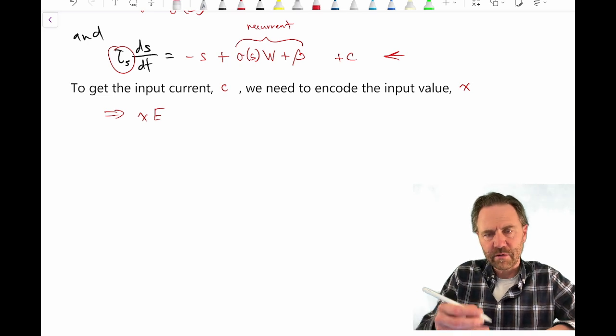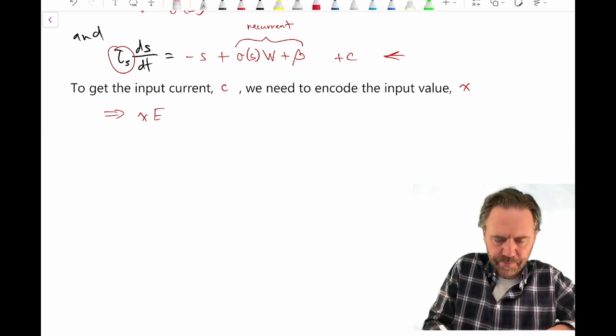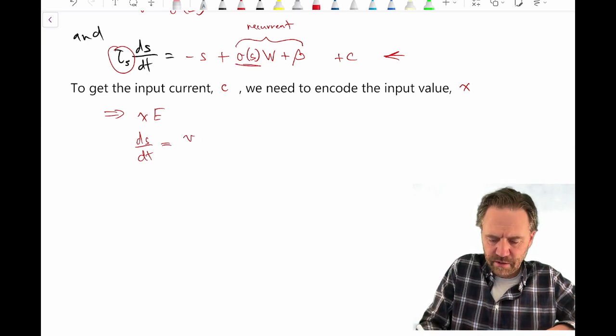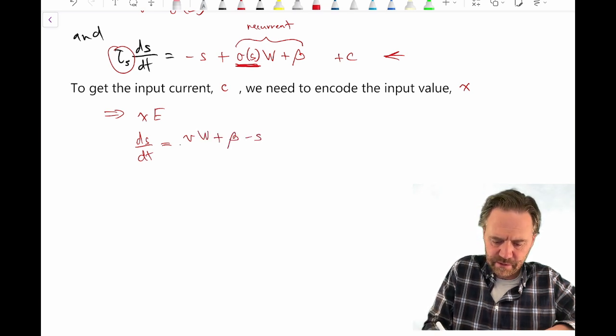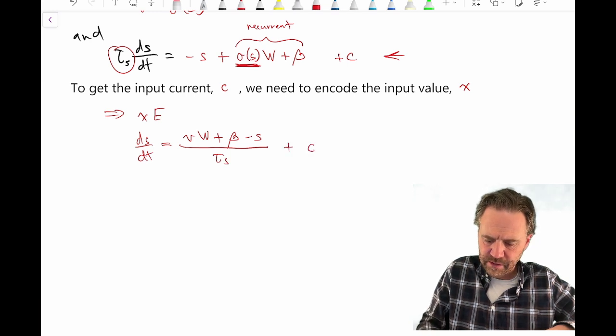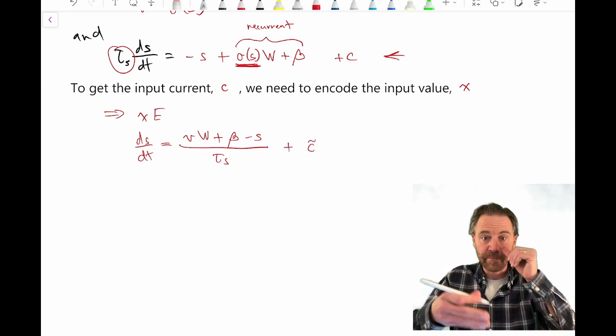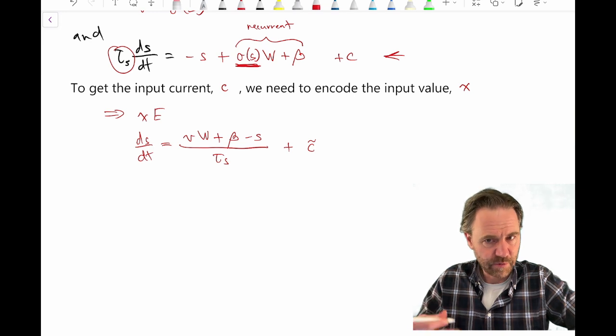Okay, so we're going to move the time constant to the other side. So ds by dt is equal to, this thing here is v times w plus beta minus s over tau s plus c tilde. So this c tilde is just the old c divided by tau sub s.